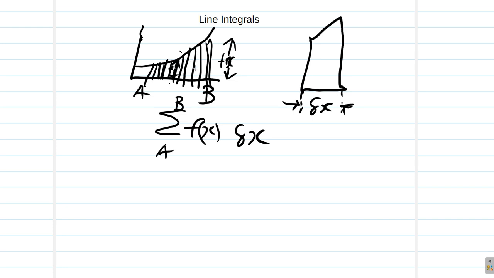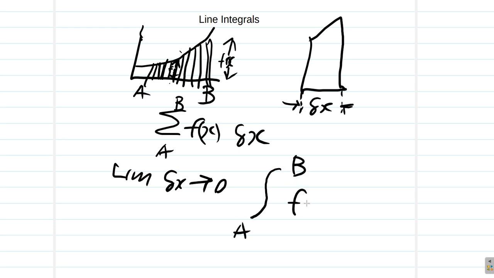And the smaller you make them, the more of them you have to add, but the more accurate the answer becomes. And when the width gets so small, they approach 0, the limit as delta x tends to 0 would be, you change the summation sign to the integral sign from A to B of f of x, and then you change the delta x to dx, right?